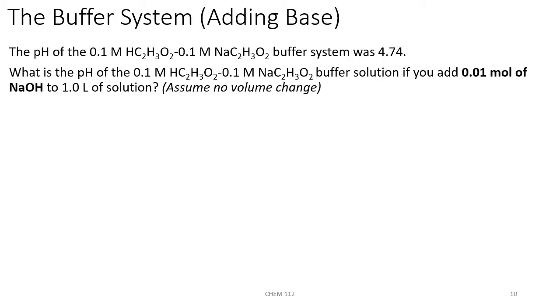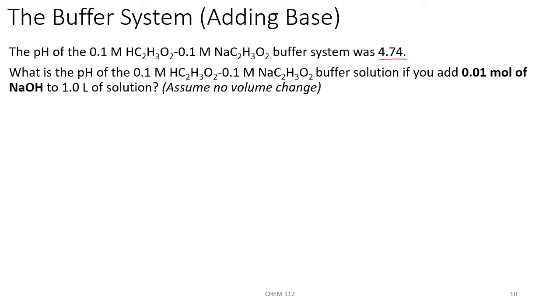In these next examples, we're going to look at the buffering system a little more in depth and figure out how we can actually calculate the pH of a solution after we add either strong base or strong acid to the buffer system. So initially we did a common ion problem where we had 0.1 molar acetic acid made up in 0.1 molar sodium acetate, and the pH of that buffer system was 4.74.